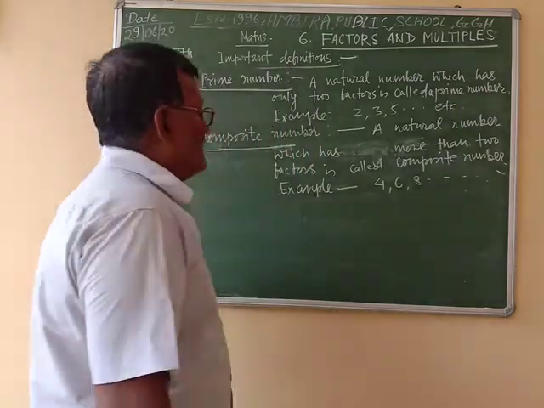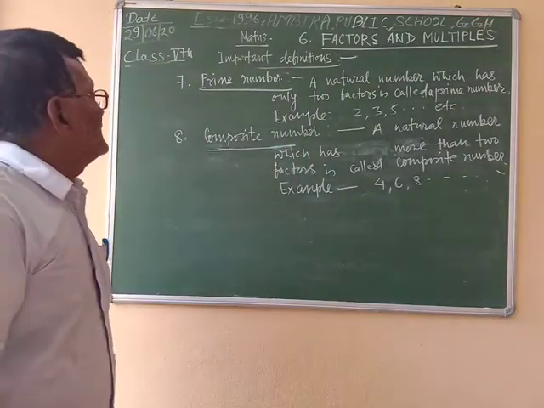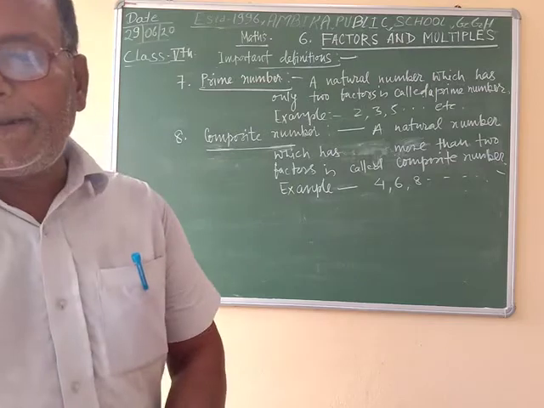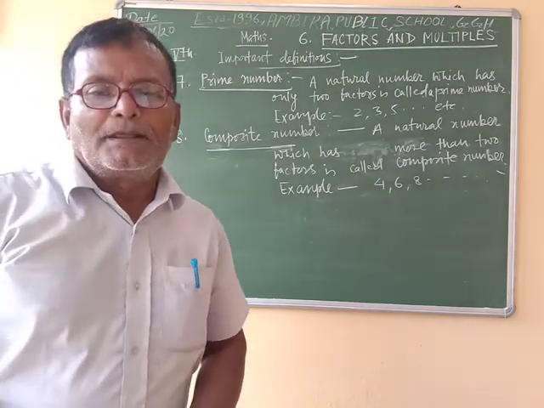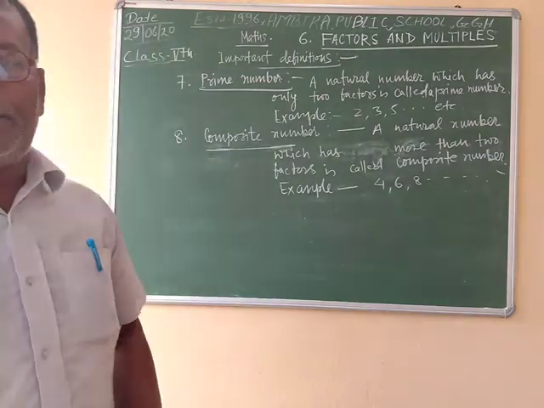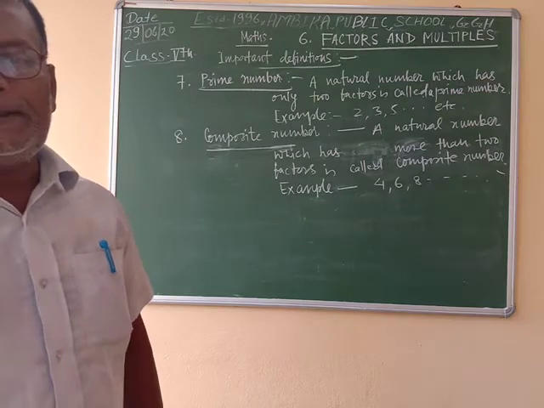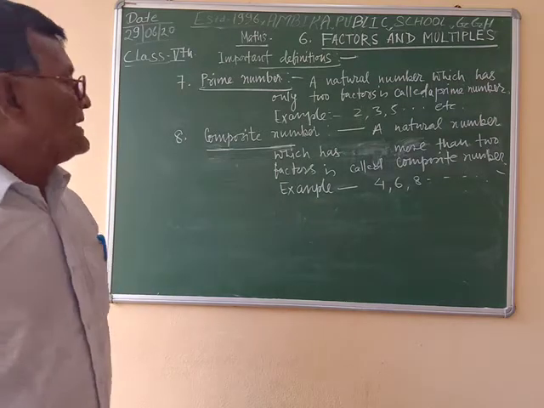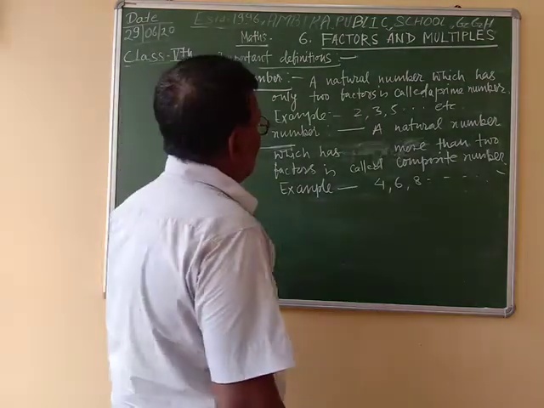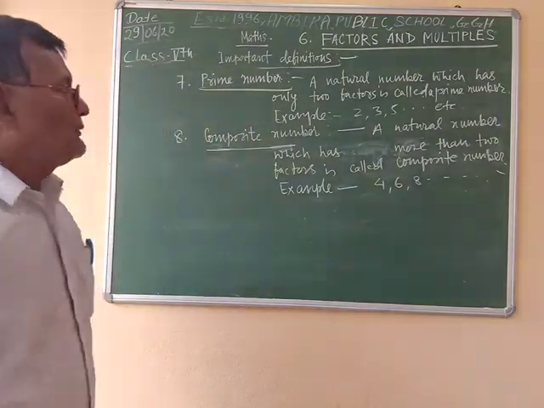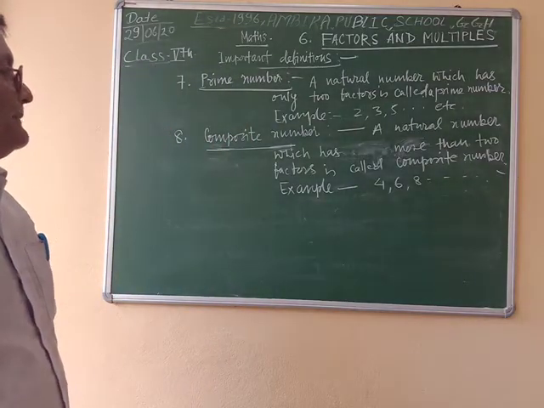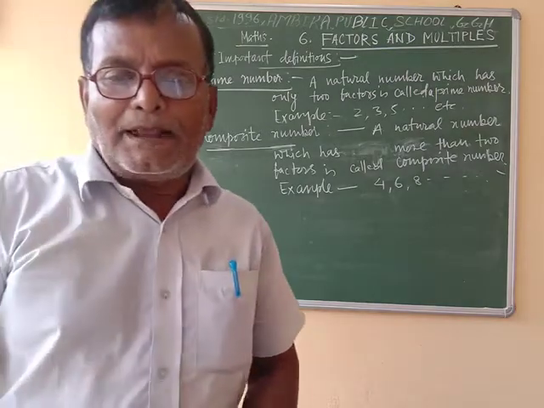So 5 is a multiple of the given number. Here 5 into 2 is equal to 10, so 10 is a multiple of 5.